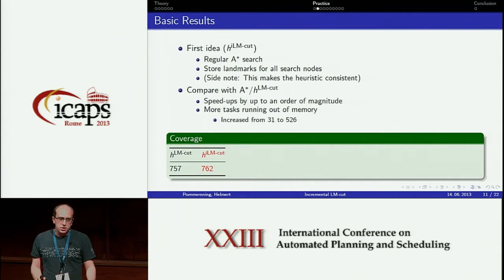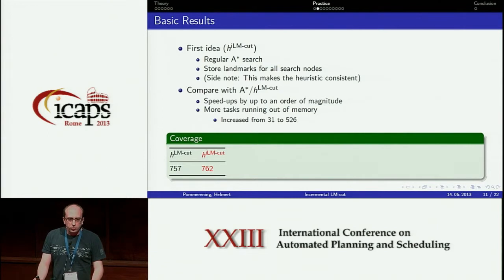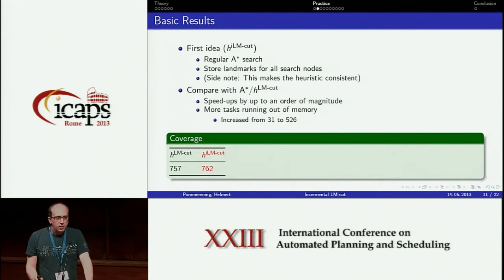So the first idea is just to store every landmark and use a regular A* search. A side note, Malte already said in the workshop that the LMCAT heuristic is just a little bit inconsistent, and storing all the landmarks actually makes the heuristic consistent.